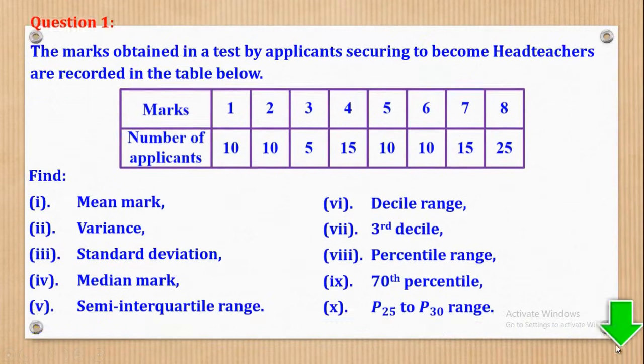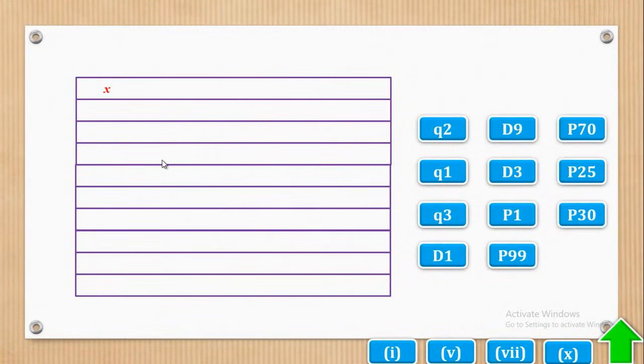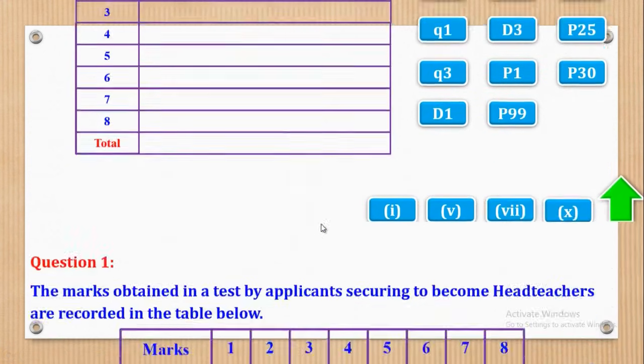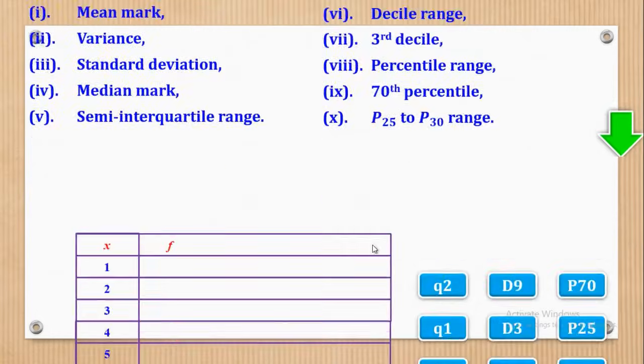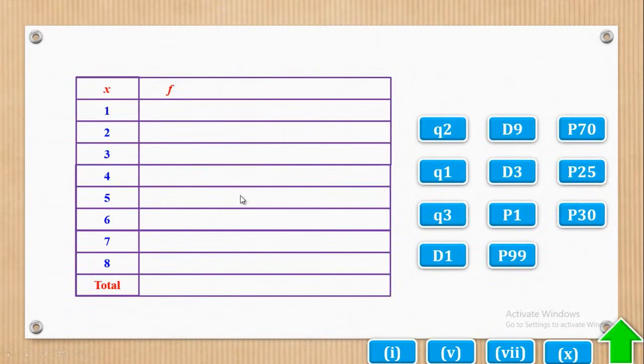So we are going to first put the values of x as they are. The next will be the frequency, and for frequency we put there these very values, which is for number of applicants. So let's do that.